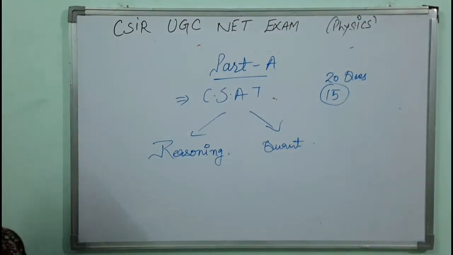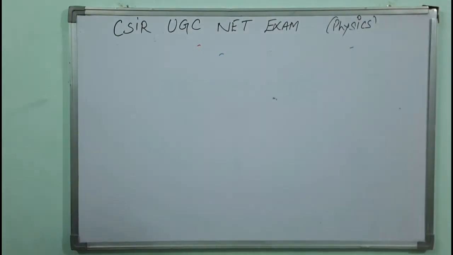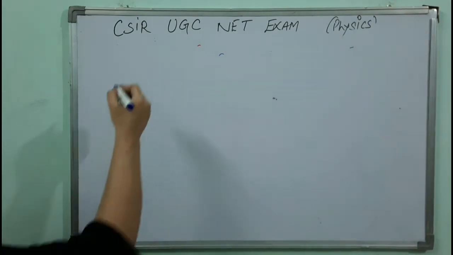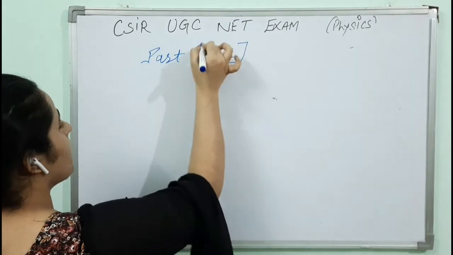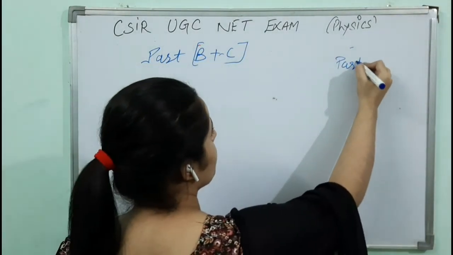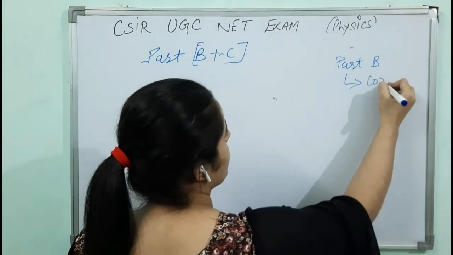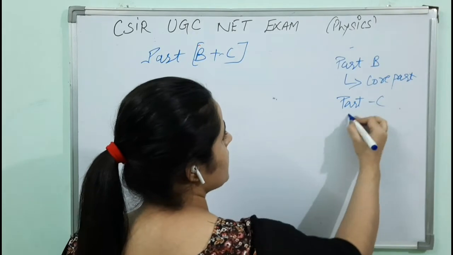Now, part B and part C follow that. Basically, part B is the core part and part C is the advanced part.